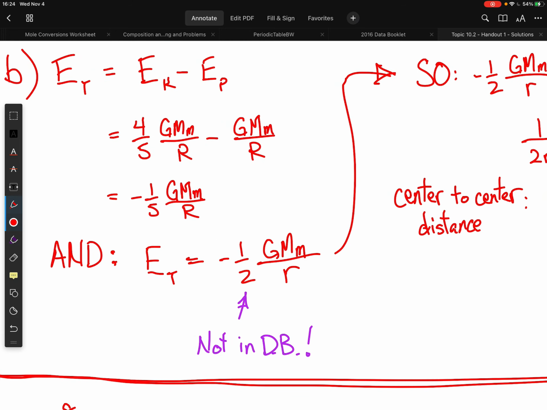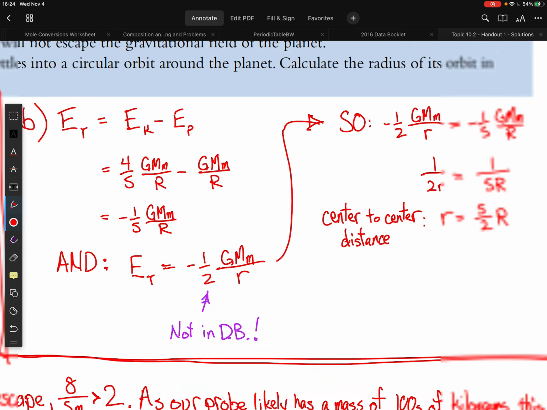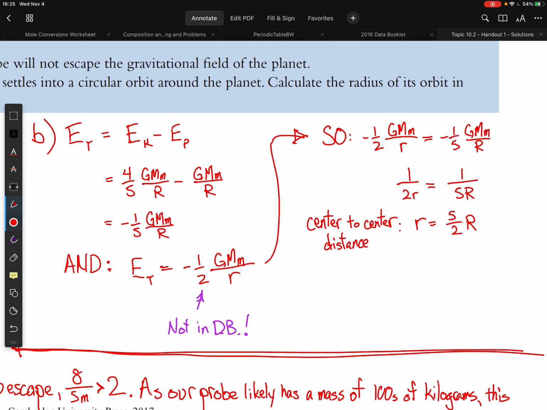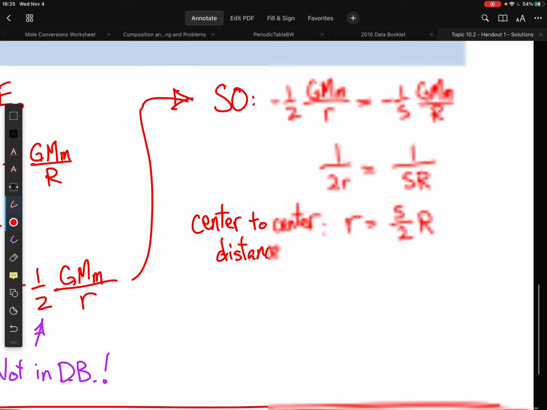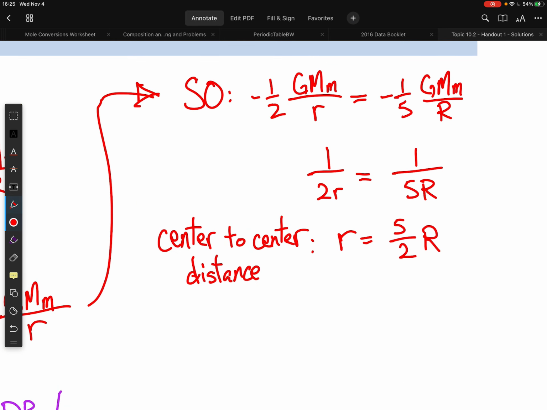We also know that total energy is equal to negative 1/2. You can see it, no need to reread it. So if the first is true and the second is true, then we can equate them together. And after just a bit of algebra, these values conveniently cancel out.